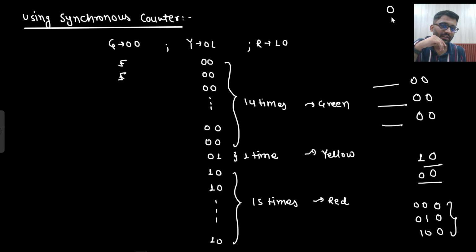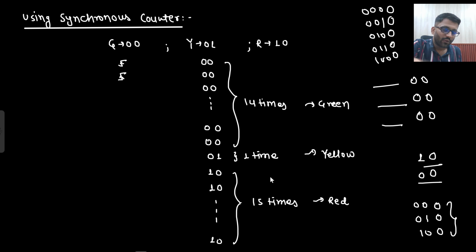To differentiate 5 zeros I would require 3 bits, because from 2 bits I would do only this thing. Now I will have to give 0 0 to this. Now these two are becoming same, so that I don't want, so I would require 3 bits here. So I would take 3 bits, 0 1 1, 1 0 0.